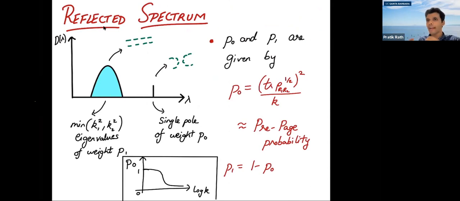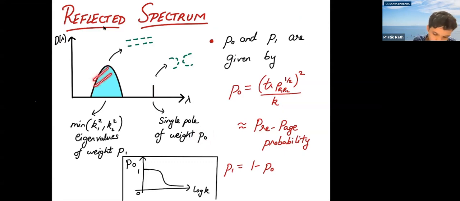We saw that there were two kinds of diagrams. There were diagrams which were like the maximally mixed one, and there were these projector ones. And essentially, all we end up with is a spectrum that consists of these two features. So there's a single pole, which is related to the projector, which has some weight, P0. This P0 is some function of the parameters in the problem.